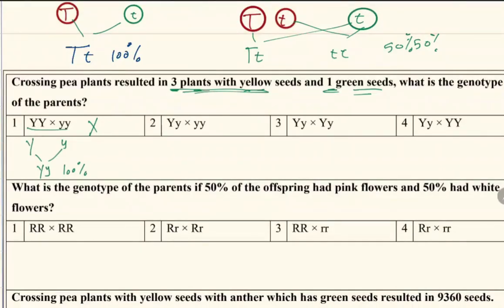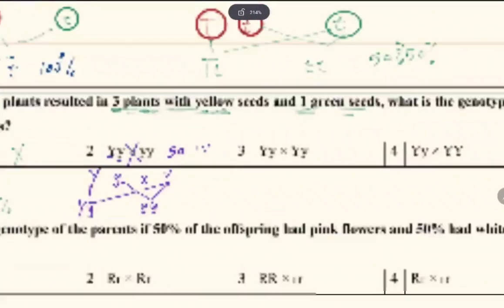The second one, here we have 2 gametes Y capital Y small, and here I have 1 gamete. If I cross them, Y capital Y small, Y small Y small, 50-50. This will give me 50-50. It will give me 1-to-1. This is not the correct answer. Now this one, let's see.